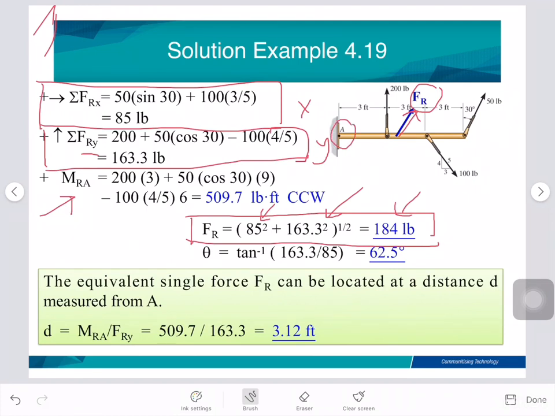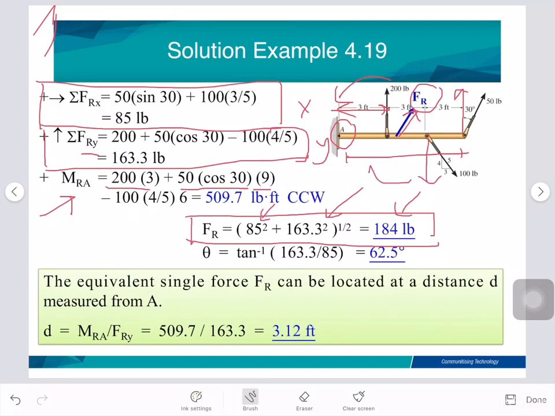Okay, the second one, we need to calculate the moment resultant at point A. So we need to resolve this point to A. So that's why 200 times 3. This is the distance, right? Okay. And then another one is this force, 50 cos 30 times 9. 9 is this distance. And then the last force is this one.